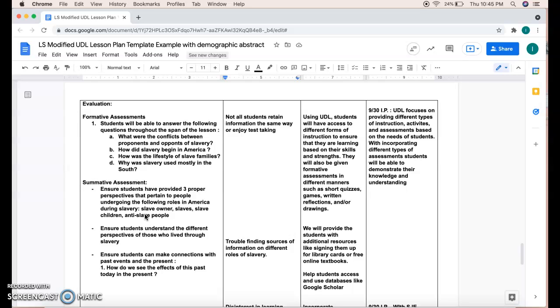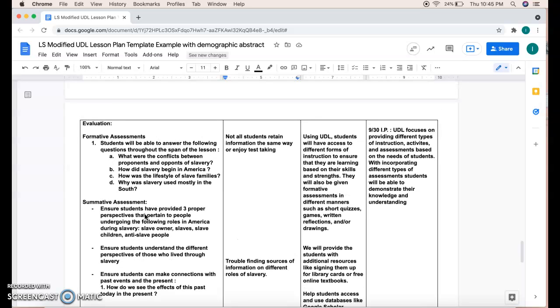For the summative assessments, we restated the 3 perspectives that pertain to people undergoing the following roles in America, whether it be a slave owner, slaves, slave children, or anti-slavery people, so they can demonstrate that they understand how different people lived during that time.